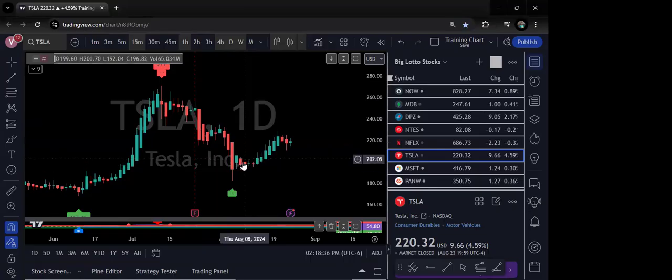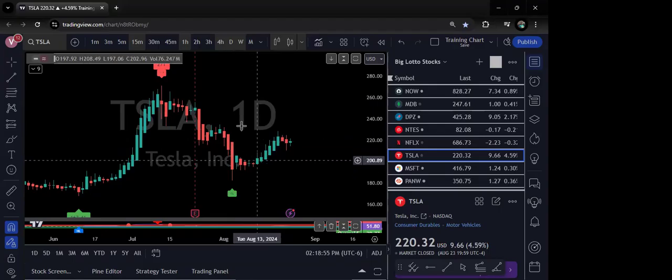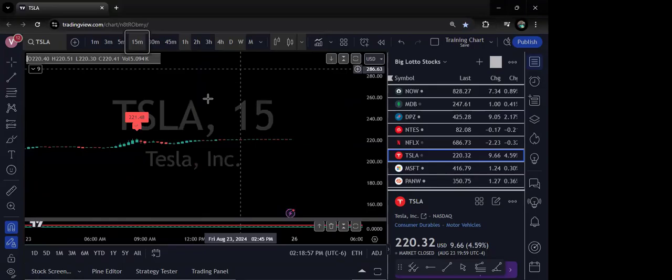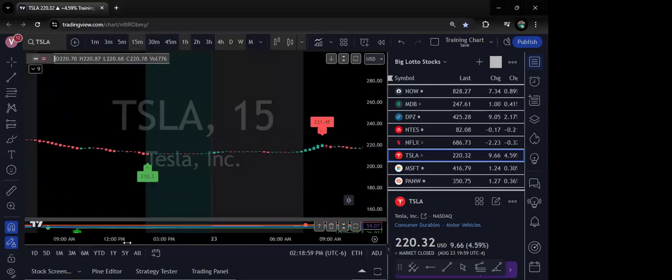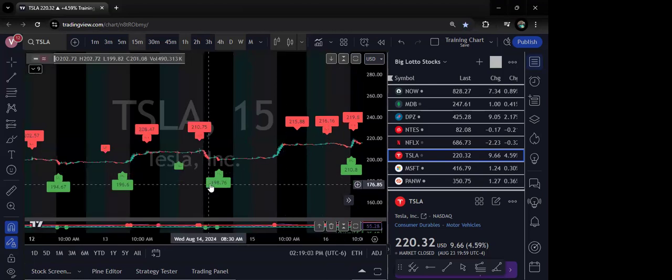So after this, you want the inside, the indecision less than 6 to 9. So we had the first indecision, the second, third, fourth, fifth. Then if it starts going up, you can buy time to this 218. So if you look from this date, Tuesday 13th, you go to a lower time frame, you can either be day trading Tesla or you can buy time.